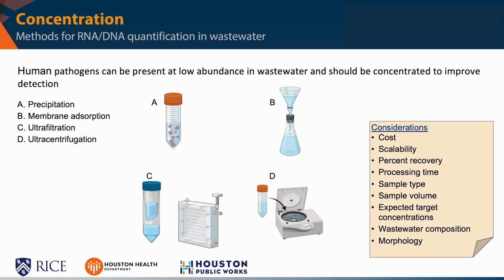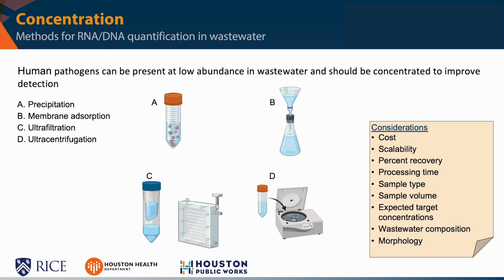Since human pathogens can be present at low concentrations in wastewater, concentrating large volumes of wastewater is vital to capturing a sufficient amount of the target in each sample. There are several common methods used to concentrate microbial targets in wastewater. The first method involves precipitation, namely precipitation with polyethylene glycol or PEG.